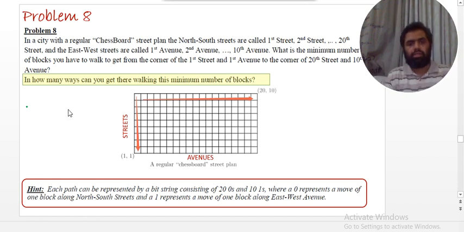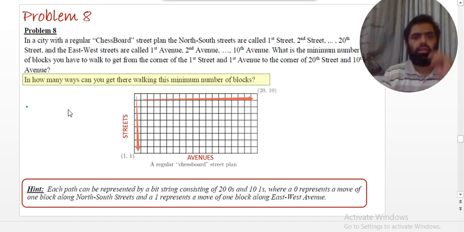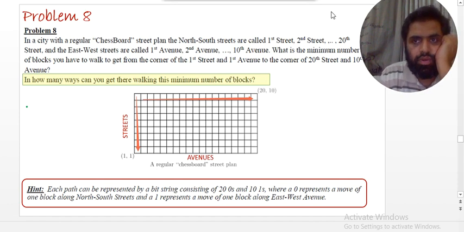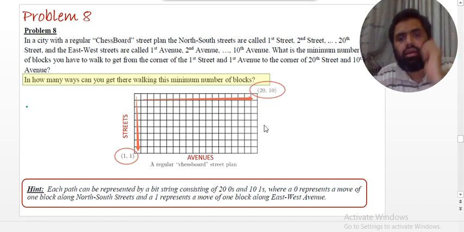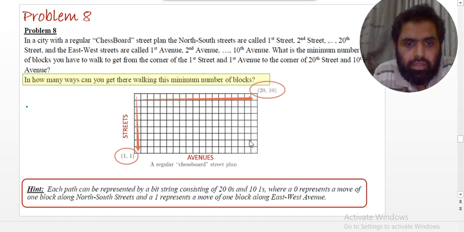In other words, if you look at this grid, we have 20 columns and 10 rows. So if we start from this bottom point (1, 1) and want to reach the top right corner, its coordinate becomes (20, 10), like 20 along the x-axis and 10 along the y-axis.